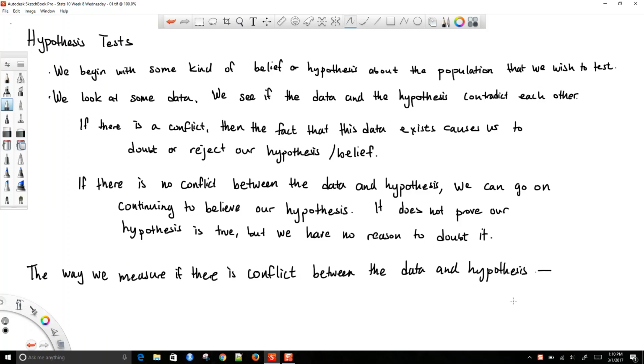okay, the way we do this is we calculate the probability of observing our data if the hypothesis were assumed to be true. Okay, and this will all make sense. I know it's kind of a lot to take in right now.